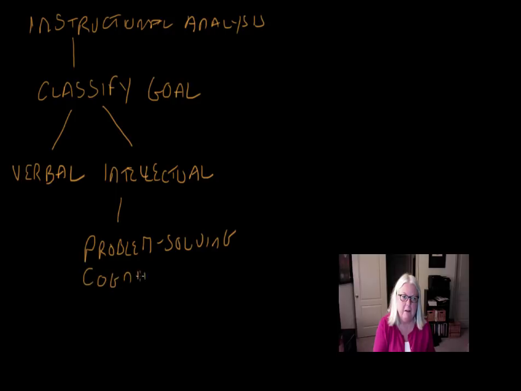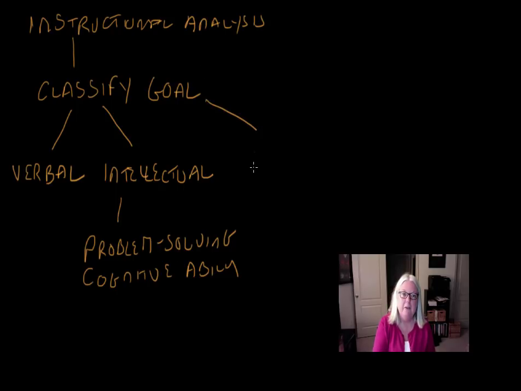Okay, so it's the use of cognitive ability to solve some kind of problem. So it could be making discriminations between things, classifying things, forming concepts, applying rules, or solving problems that are well-structured or ill-structured. Okay, so various levels of intellectual skills.